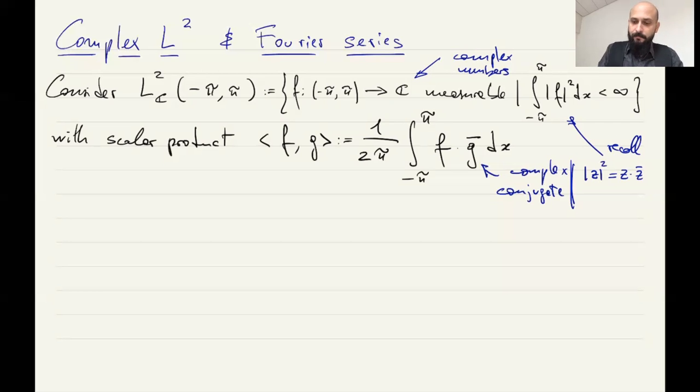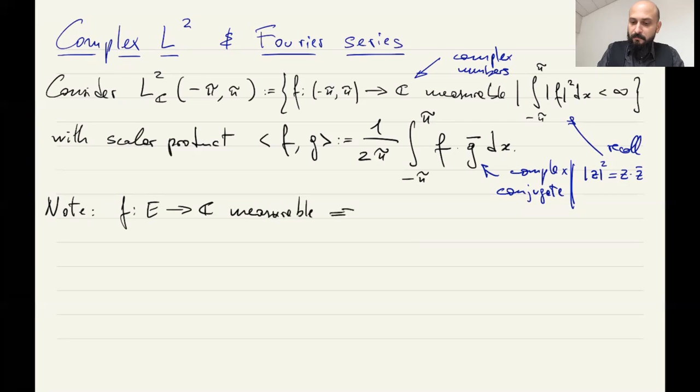So a little comment about this definition, because now we are actually considering complex vector spaces, not just real. And what is the meaning of having a scalar product in this case? We have to be a little bit more formal. First of all, what does it mean that we have a complex valued function that is measurable?